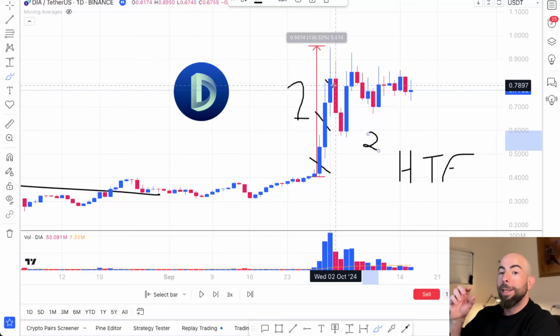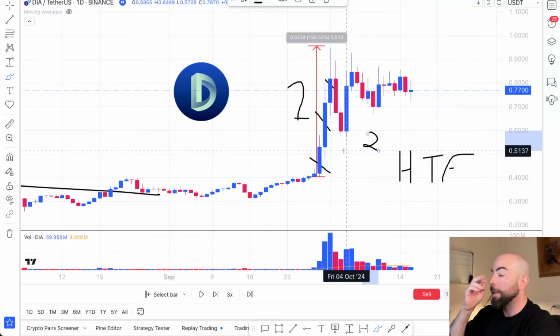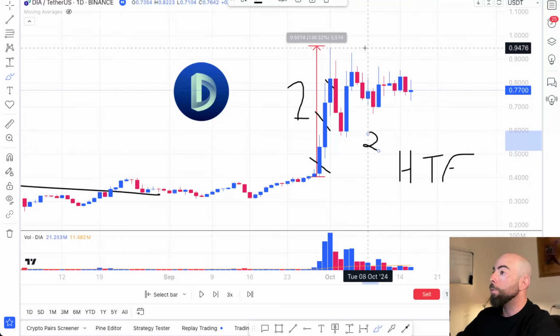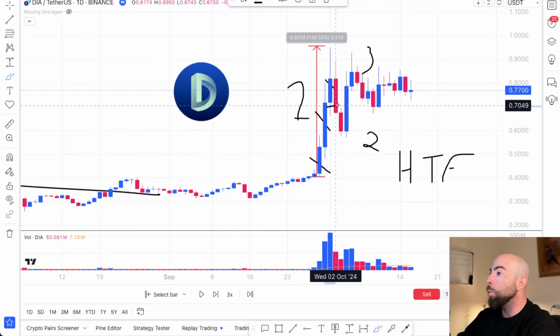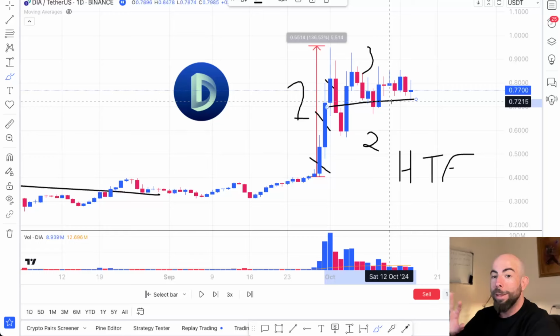So the less you give back from peak to trough, the better. The third would be the sideways action, and it needs to be more than 10 days, at least 2 weeks. And if it can be a few weeks more, a month or more, that's even better. So the sideways.